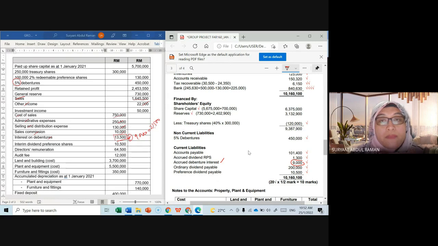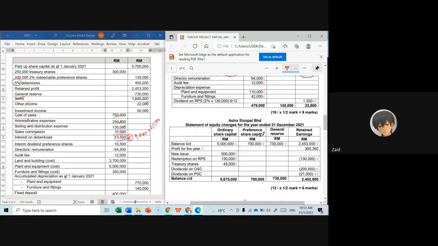You must remember this concept, class. This is the concept that you learned in part 1. You are going to use it in part 2, part 3, part 4, part 5. And when you go to degree level, master level, PhD level, you cannot run from this concept. Is that clear, class? Yes, madam.